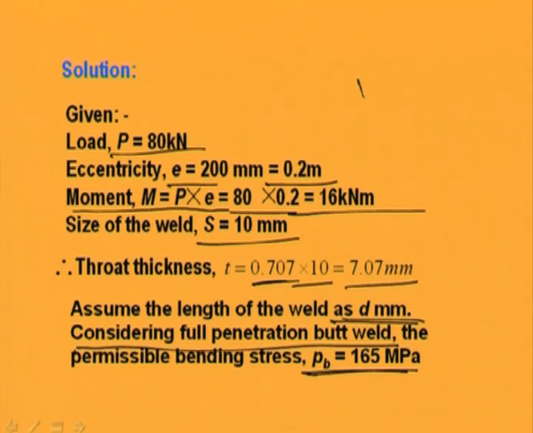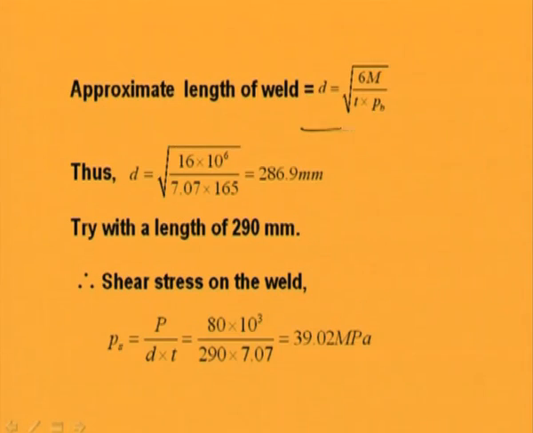I know P, I know M value, I know throat thickness, I know PB. So all these things I know, and if I know all this, I can find out the value of D. D I can find out from the equation root over 6M by T into PB.